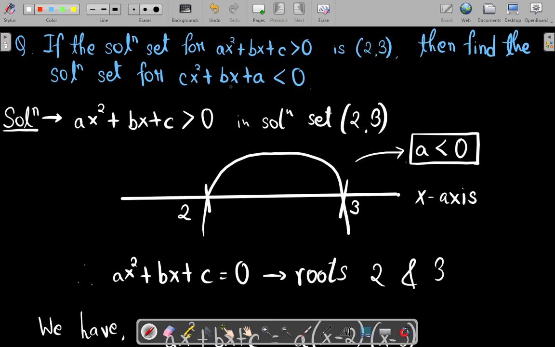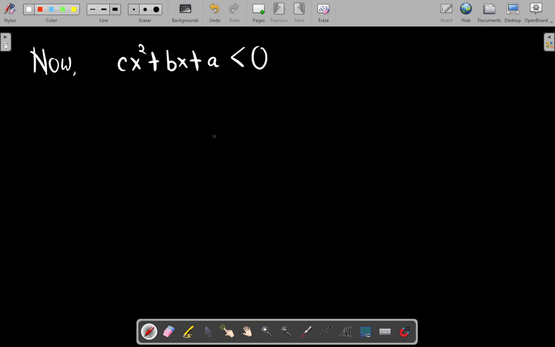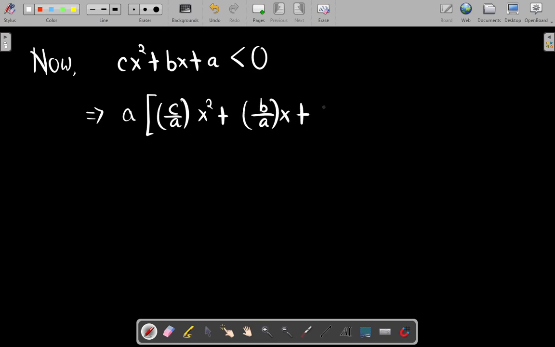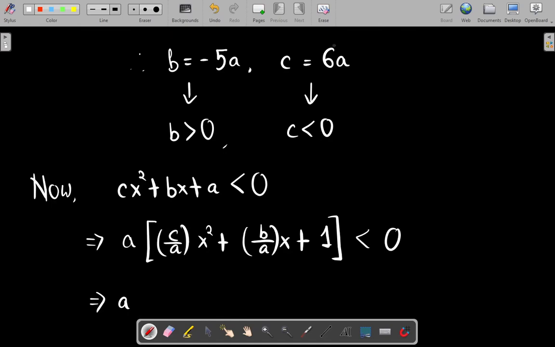So now we have to find the solution set for cx square plus bx plus a. So now cx square plus bx plus a is less than 0. So here, if I try to take a common here and rewrite this as first term as c upon a x square plus b upon a x plus 1 less than 0, then this becomes a times, c is 6a, right?